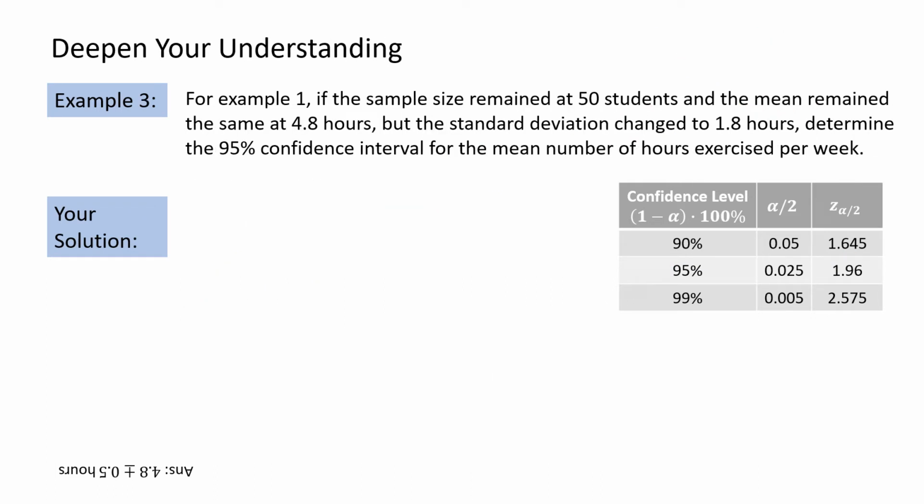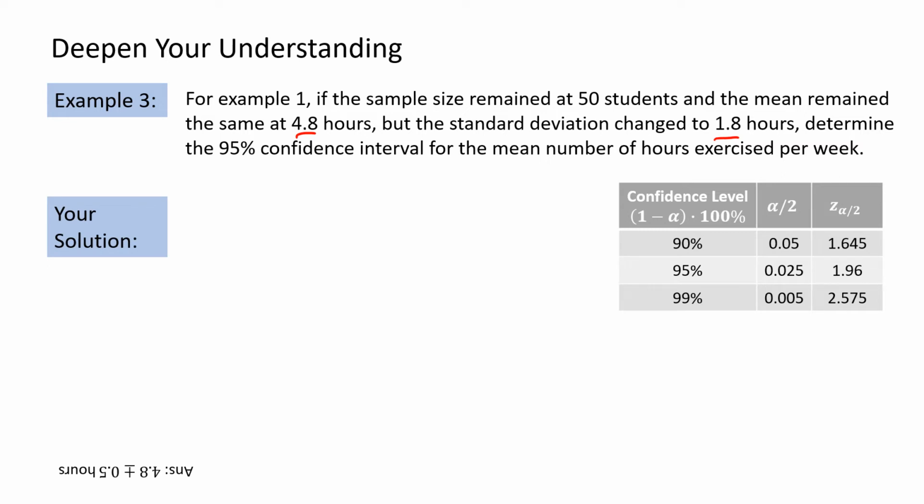In our last example, okay, we're going to keep it at 50 students, just like example 1. And our mean remains the same at 4.8 hours. But the standard deviation changed to 1.8 hours. So now I want you to determine the 95% confidence interval for the mean number of hours exercised per week. Okay?